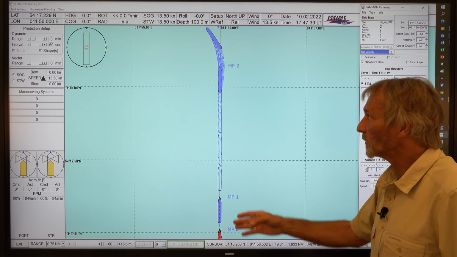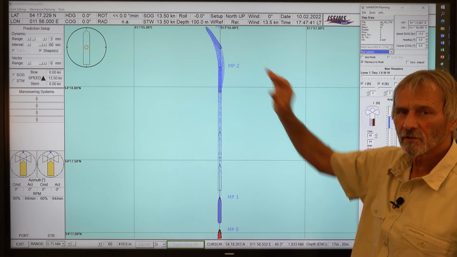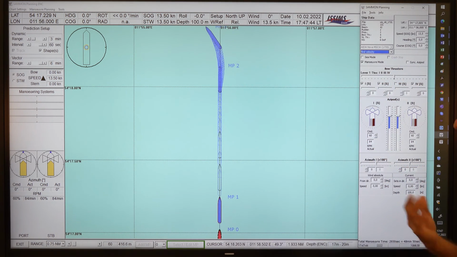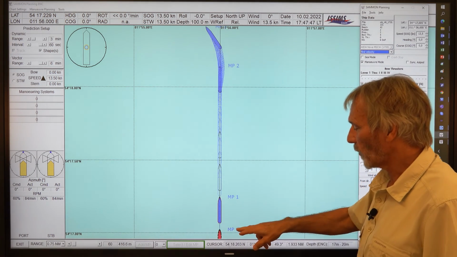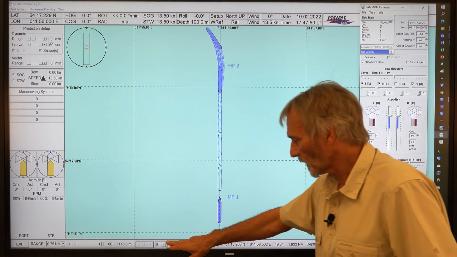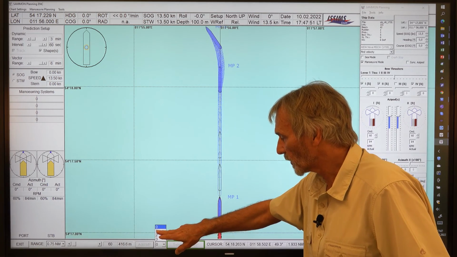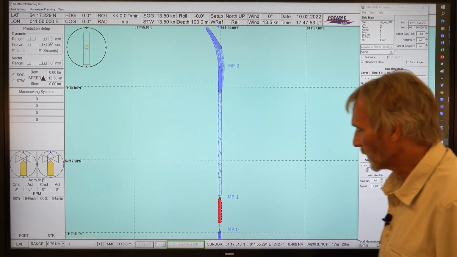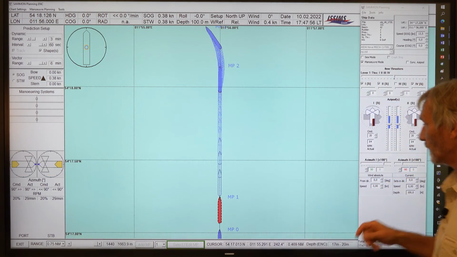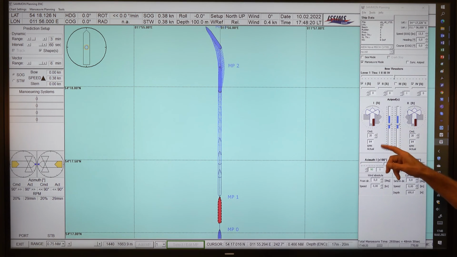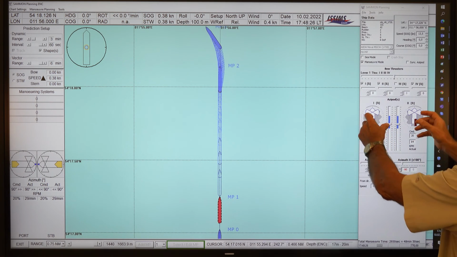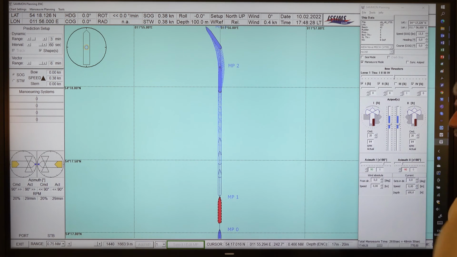And we want to stop the ship and turn it a little bit, only to demonstrate how it's being done. So this is in maneuvering point number 0. When I go further in the plan, this is now at maneuvering point 1, where I stopped the ship. The engine order was reduced from 60 to 20%, and additionally, both pots were turned in to 90 degrees.